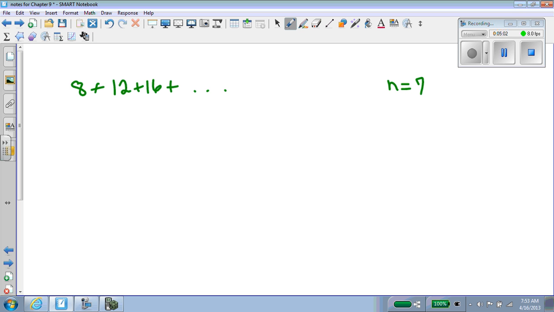What if it's an odd number of terms, so you don't get pairs? I chose a very small number so that we could actually see what happens. So this is 8, and 4 is 12, and 4 is 16, and 4 is 20, 24, and 28, and 32.